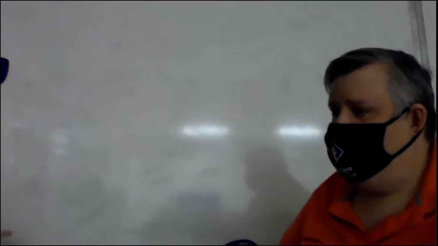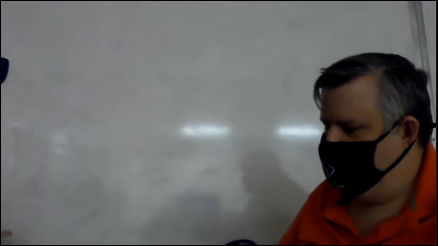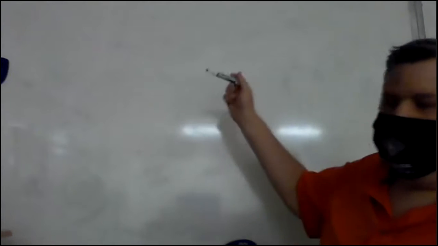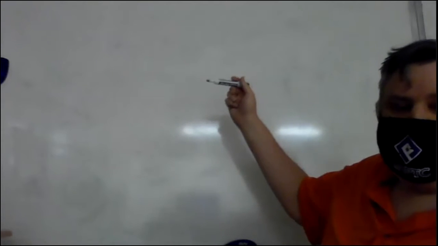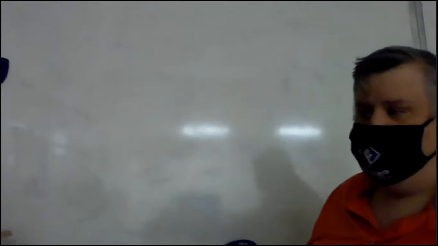Before I move on, I want to show you an application of something that we can do in physics. When I have the marker here, it's nothing but potential energy and no kinetic energy. And when it hits the floor, it's going to be nothing but kinetic energy and no potential energy.